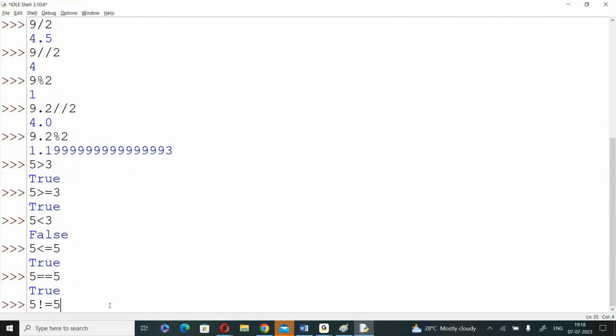Actually 5 equals 5, but you are writing 5 is not equal to 5, so the answer is false.